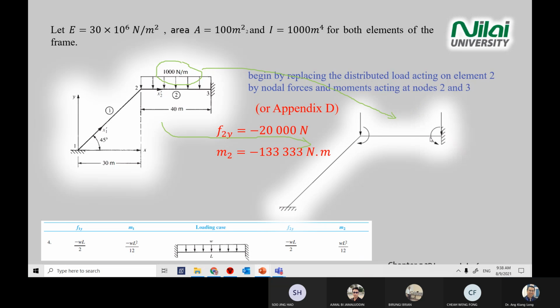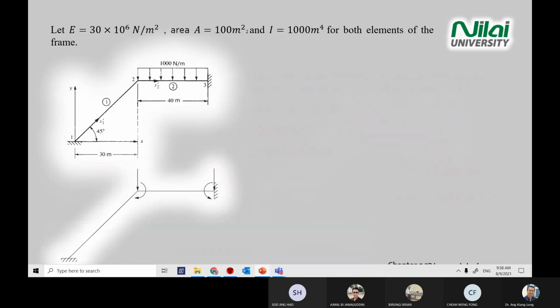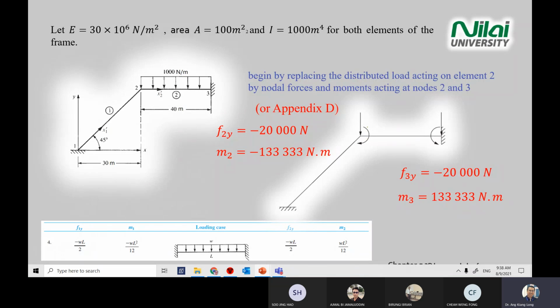Okay. So F2y, M2, and so on. Okay. All right. Remember this one, I would recommend you follow the Appendix D diagram, okay, that I showed you just now. Okay, I recommend means the direction, and then if you want to use the negative, then you follow the Appendix D diagram.